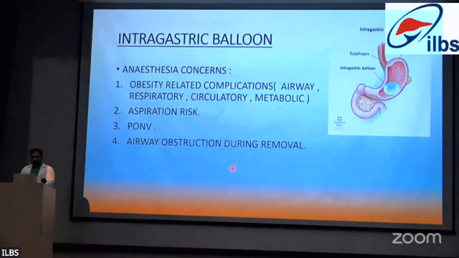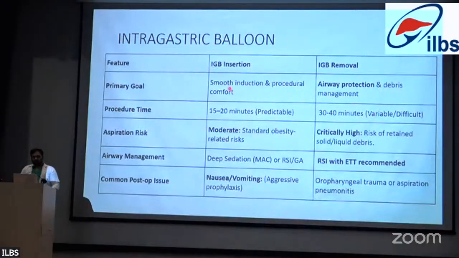So what are the differences between IGB insertion and IGB removal? The primary goal during the IGB insertion is going to be smooth induction and procedural comfort for the patient, while in IGB removal, it is going to be airway protection and debris management. The procedure time is going to be very predictable in IGB insertion, while it is variable and difficult in IGB removal.